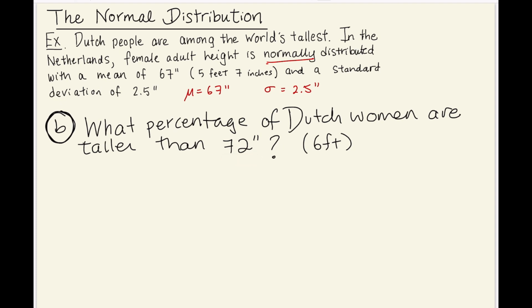And let me just draw a little picture of what we're looking for here. So if this is my normal distribution for these heights, in the center, I have the mean, which is 67 inches. And somewhere over here on the right, I will have my 72 inches. So this question is really asking us to find this area.